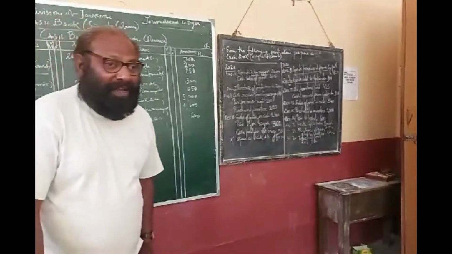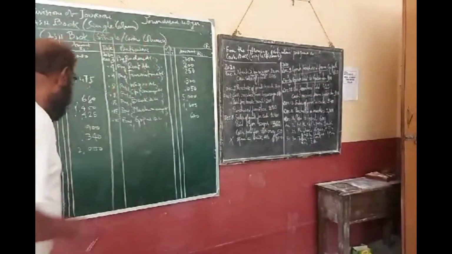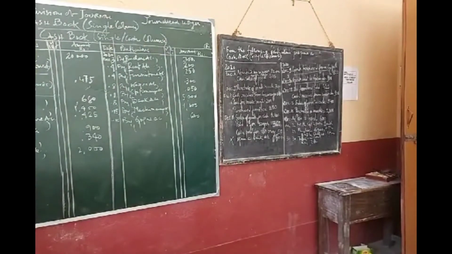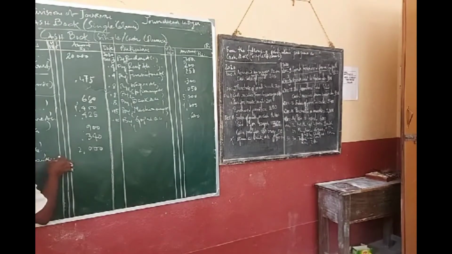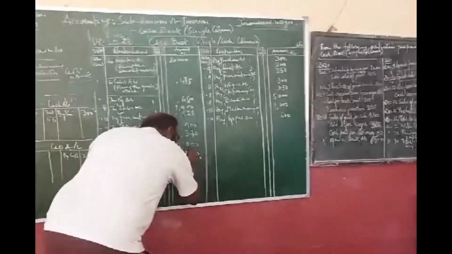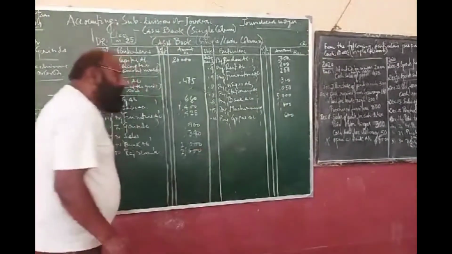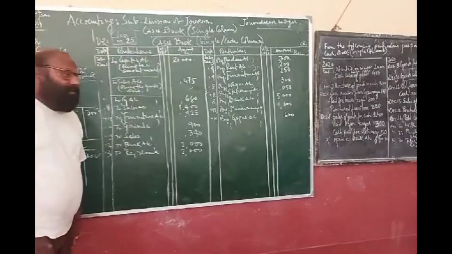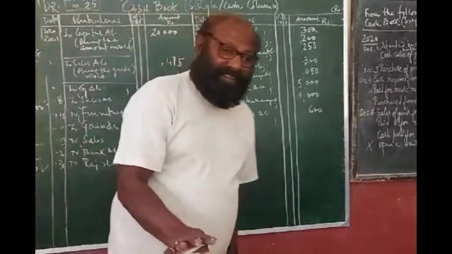Raj is the giver, so Raj is credited. So it is cash account debit to Raj loan account. How much is it? 2000. Clear?